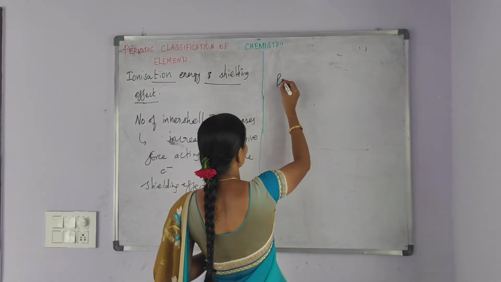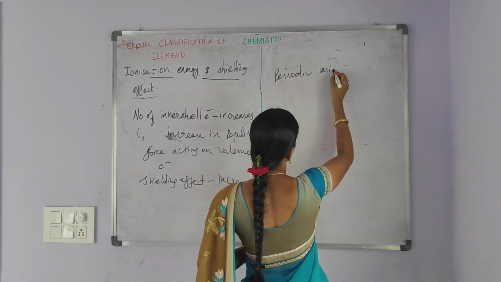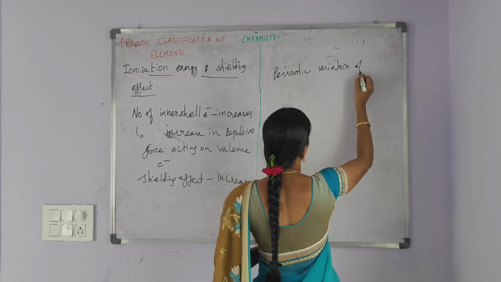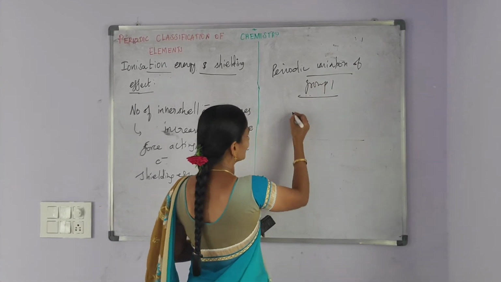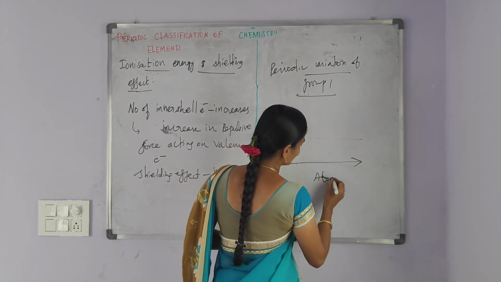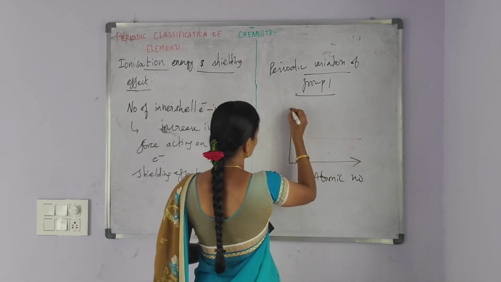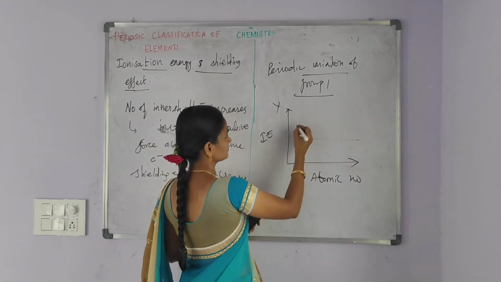Let us consider the example of periodic variation of group 1, that is alkali metals. X-axis is atomic number and Y-axis is ionization energy.